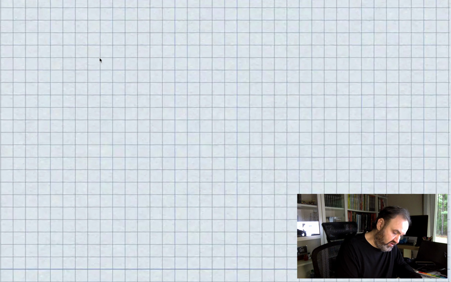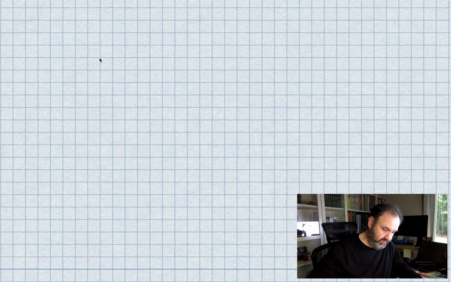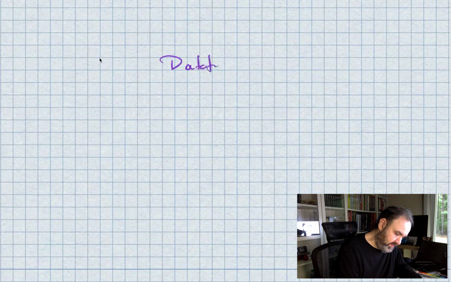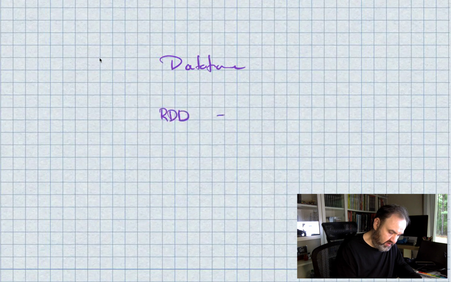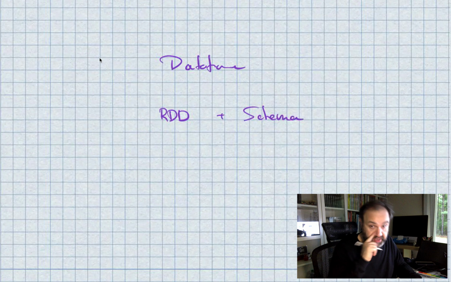You've got your data frame, okay, with the API, and then underneath you've got the RDD and a schema. And the schema is really the metadata of the RDD.